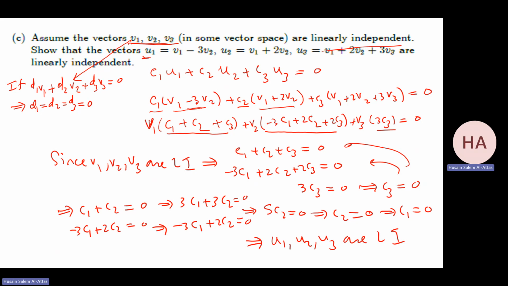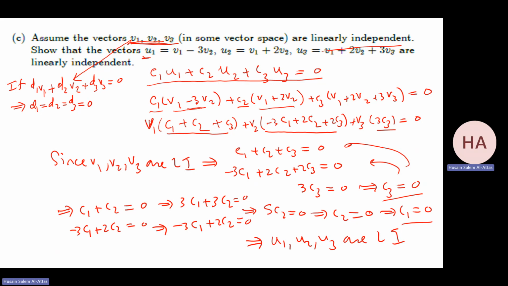Let me explain what we did to check whether they are independent or not. I'll go with the basic idea. I need to write the linear combination C1 U1 plus C2 U2 plus C3 U3 and try to find those C's. I found them, they are zeros. And I use this relation because he said assume the vectors V1, V2, V3 are linearly independent.